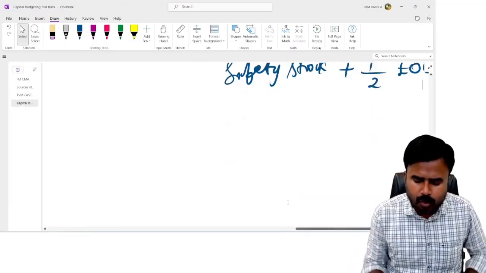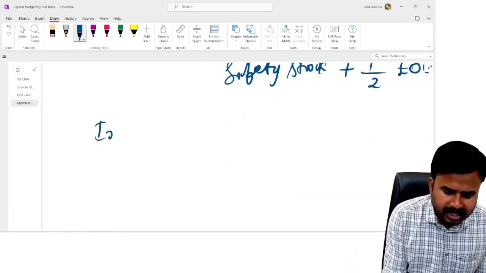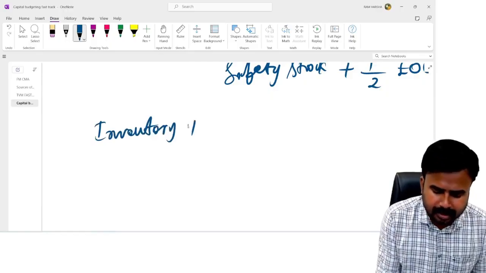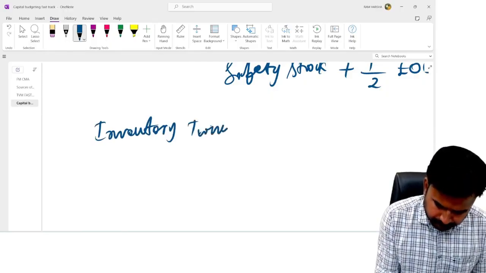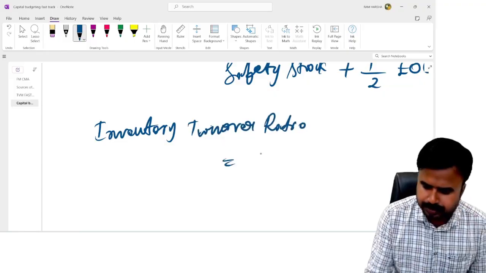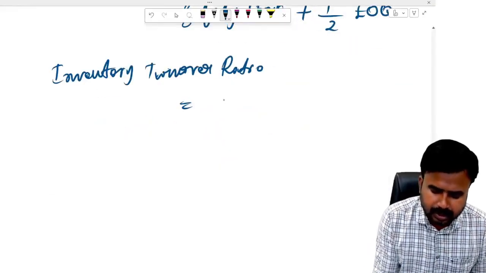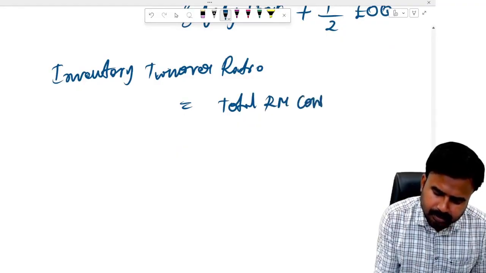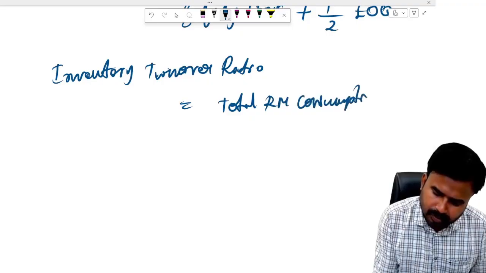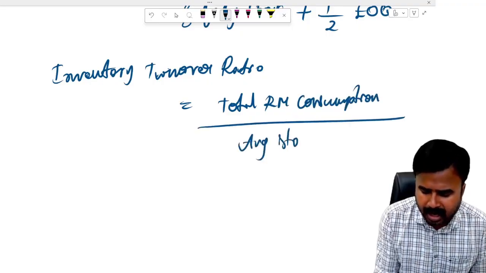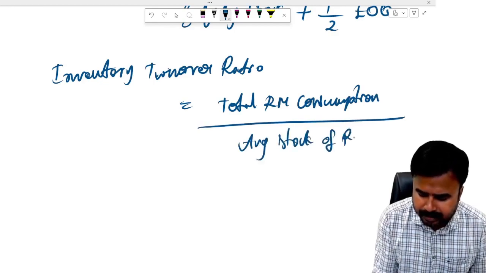Raw material turnover ratio or inventory turnover ratio is equal to total raw material consumption divided by average stock of raw material.